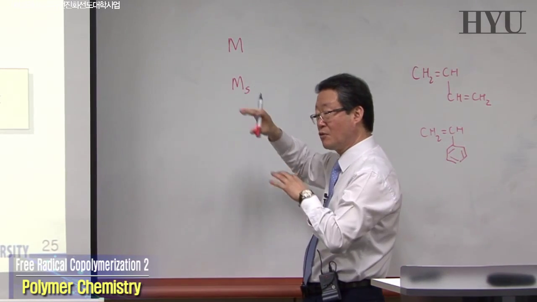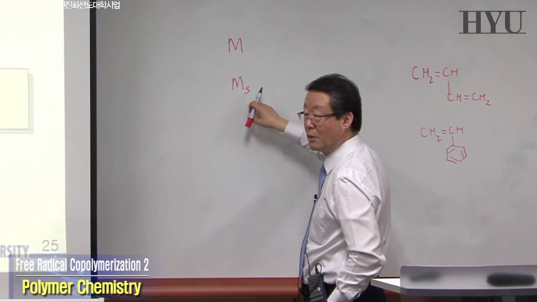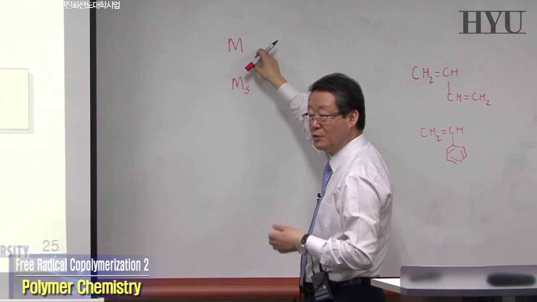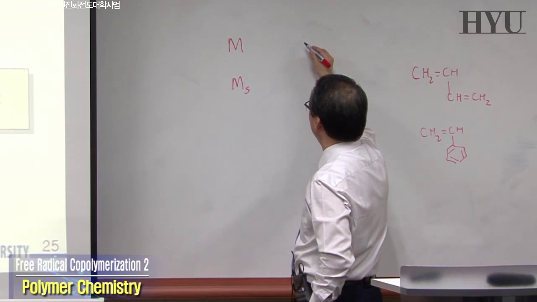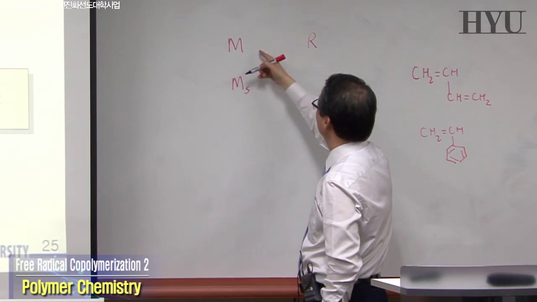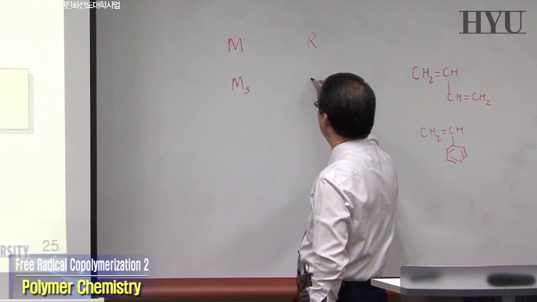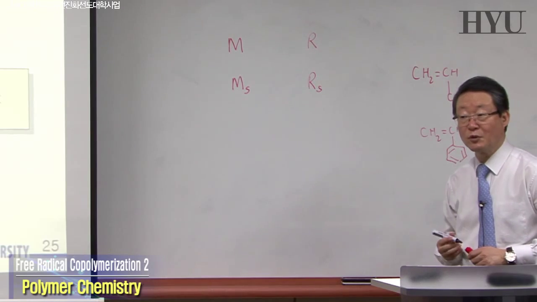So if I differentiate between MS, the stabilized monomer, which has a much higher reactivity than M, which does not have any stabilization, then M becomes R, of course, if it becomes a radical. MS will become RS, right?